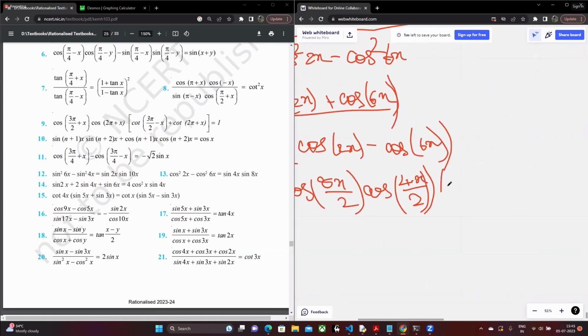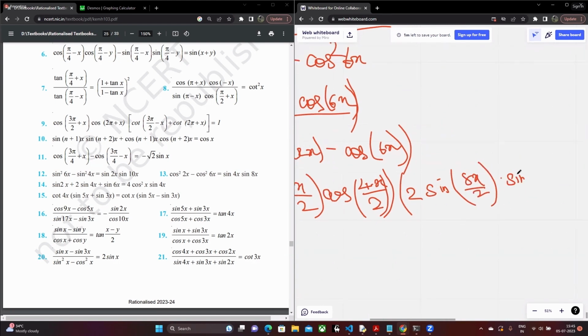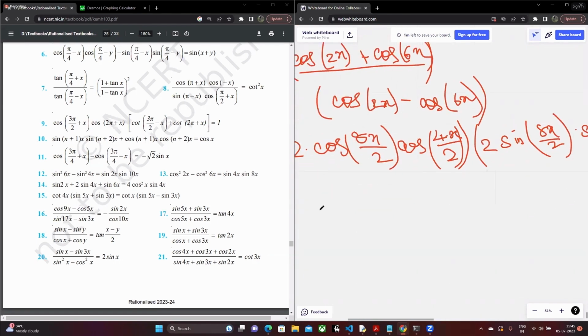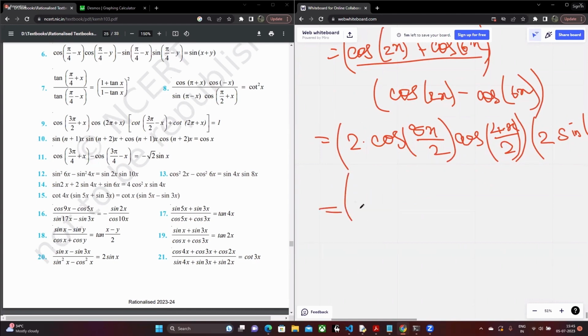This into 2 into sine of 8x by 2 into sine of 4x by 2, because you're doing b minus a by 2 and not a minus b by 2. So this is sine of plus 4x by 2. It's not minus 4x by 2. Remember that.